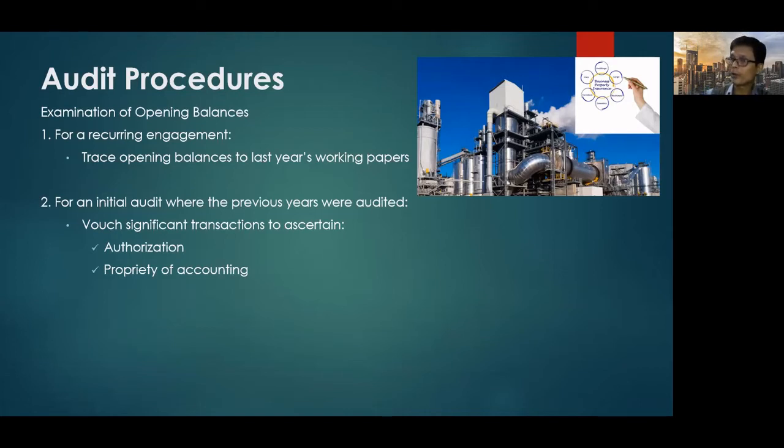For example, if there is a sale of the said property, then propriety of accounting: was it properly accounted for by the company, with the correct values? And of course, accounting principles.